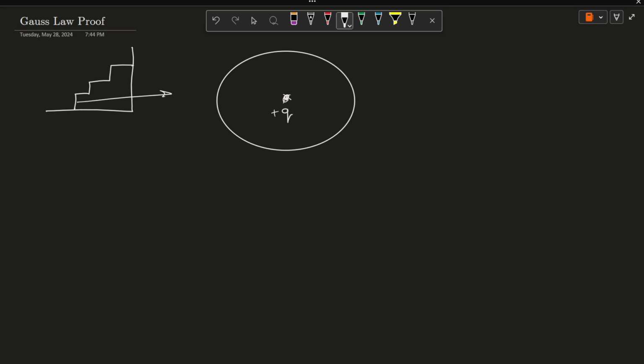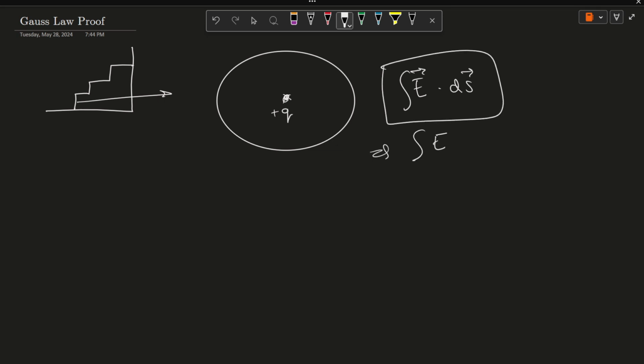First of all, we know that the net flux is given by the expression integral of E dot ds. This is how we get the net flux, right? Then we can write it as E ds cos theta. Now, I need you to analytically look at something.